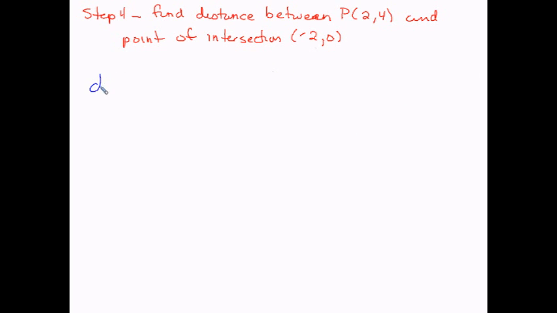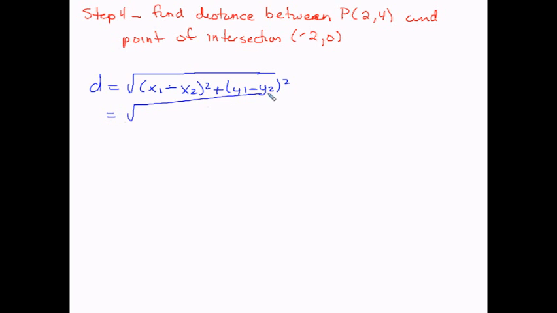We use our distance formula for that: x1 minus x2 squared plus y1 minus y2 squared. Doesn't matter which one we say is x1 or which one we say is x2, just so long as we're consistent.